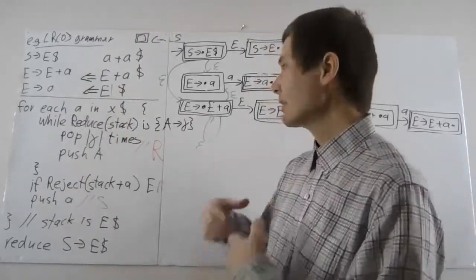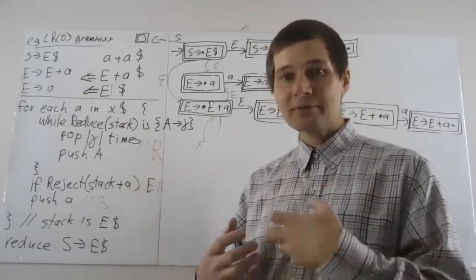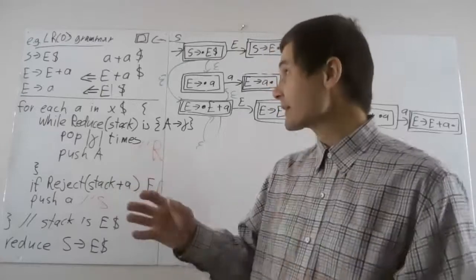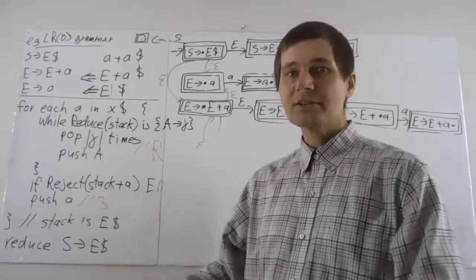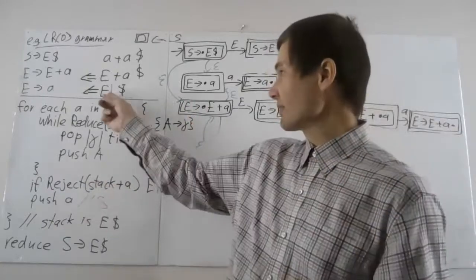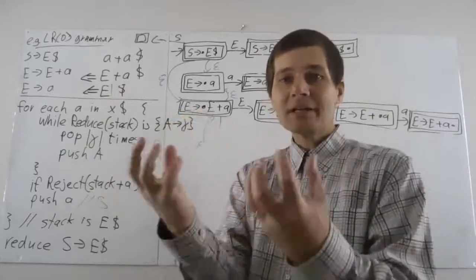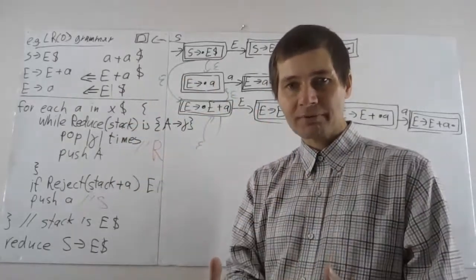Okay, and to ensure that there is always this hope, we defined the idea of viable prefixes. So viable prefixes are prefixes of sentential forms, so prefixes of things that you can derive from the start symbol. And then we want to maintain this invariant that the stack is always a viable prefix.